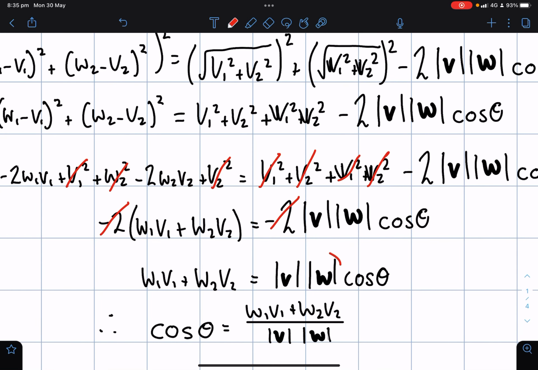All right, and then all we've done is isolate the cosine theta. So we divided both sides by the magnitude of v and magnitude of w. All right, so cosine theta is equal to w1 v1 plus w2 v2 divided by the magnitude of v, magnitude of w. Hopefully you remember from the last video that w1 v1 plus w2 v2 is actually the dot product, or the scalar product, of v and w.